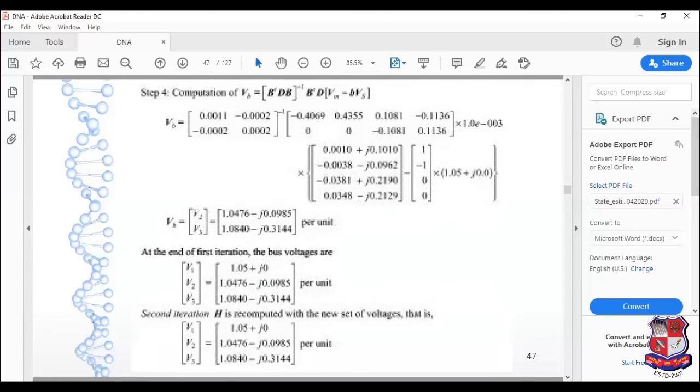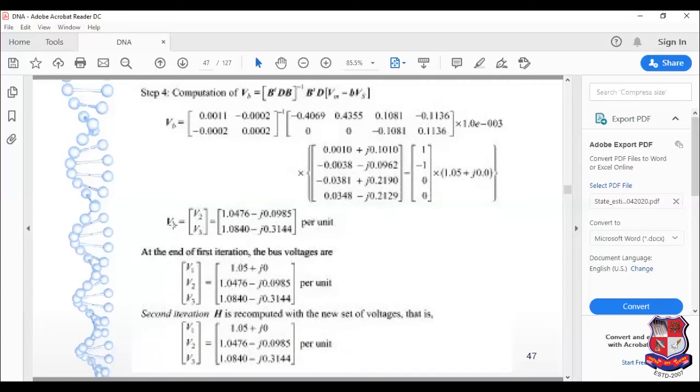If we calculate, then we will get the bus voltages for bus 2 and bus 3, because we have already assigned bus number 1 as the slack bus. So V2 and V3 per unit values we have determined. After this, we can determine the results: V1, the slack bus, is not going to alter its value, hence it is 1.05.